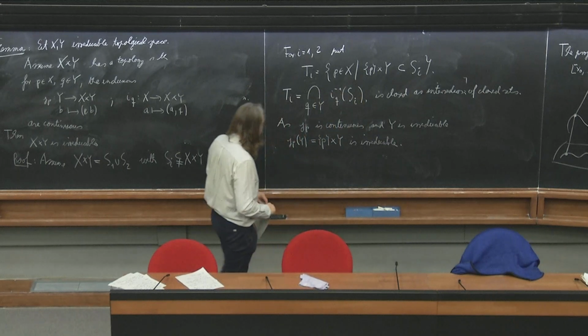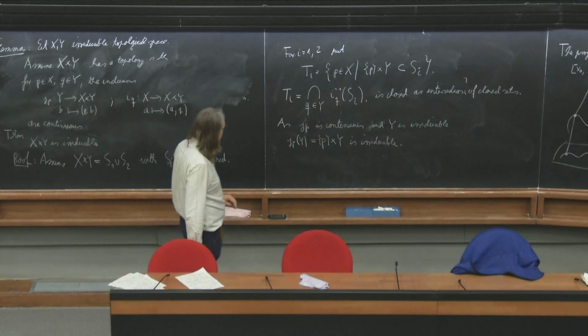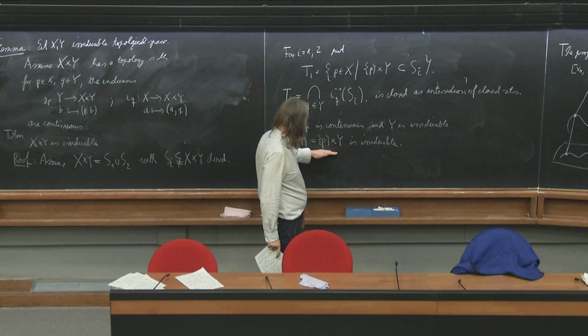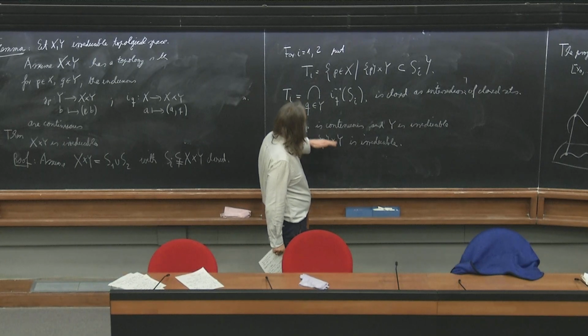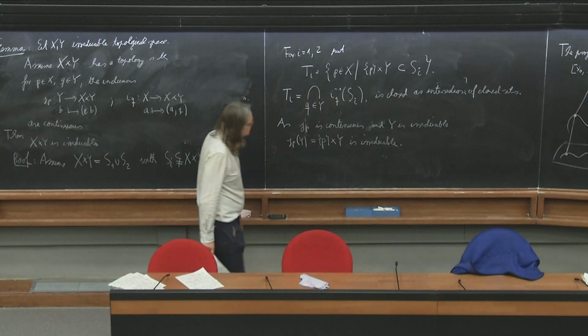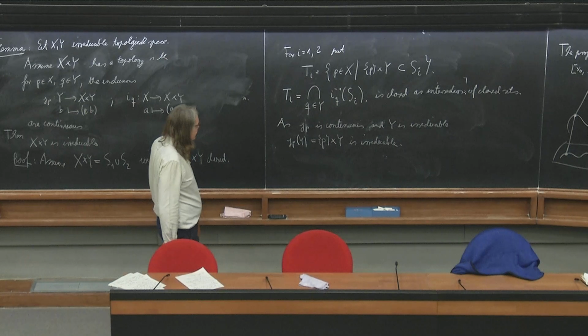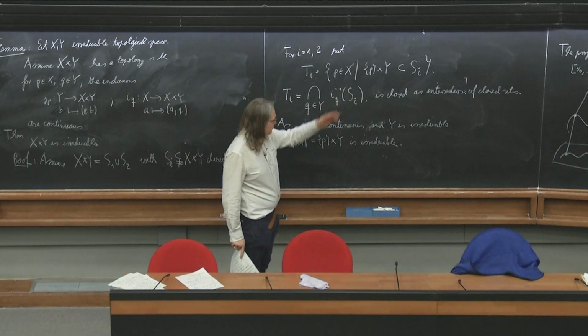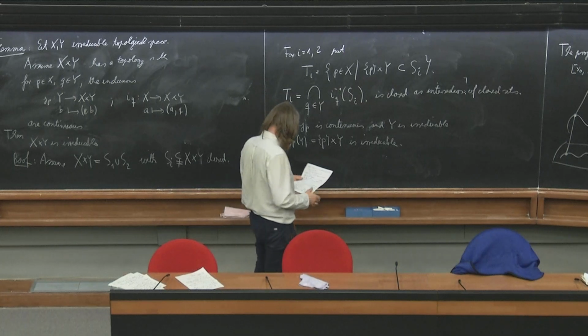And now it should be clear that this will work because as it's irreducible and the union of the SIs is equal to the whole of X times Y, it must be contained in one of the SIs.